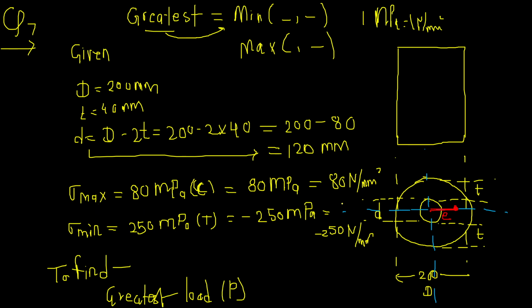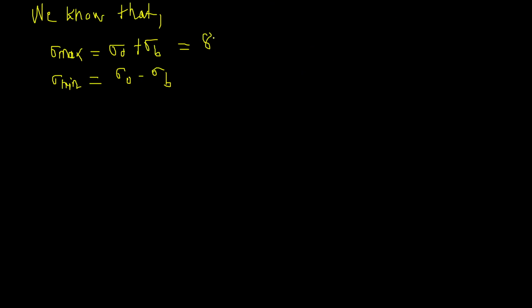Sigma max 80 आणि sigma minimum is -250. ओके, it is -250. डायरेक्टली 250 जर यूज केलं तर answer will come wrong. Now sigma naught is equal to force divided by area. आता या P ची व्हॅल्यू काढायची आहे. ठीक आहे. तर P नाही आहे आपल्याकडे, तर in terms of P येणार sigma naught. Sigma naught is equal to P by A.